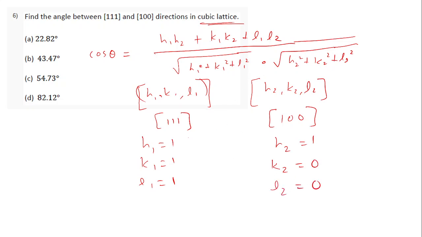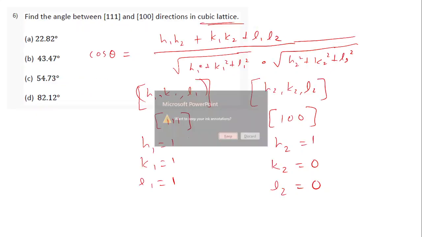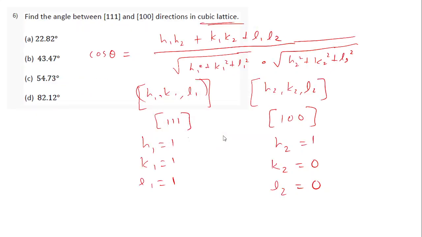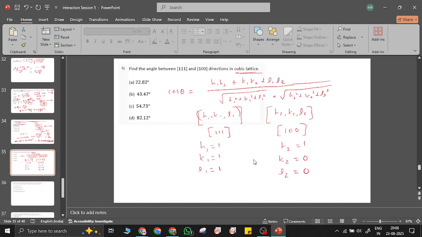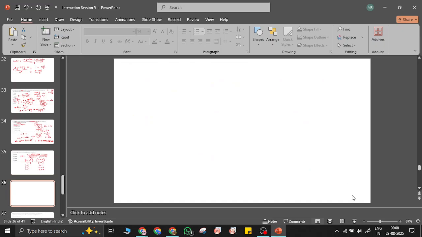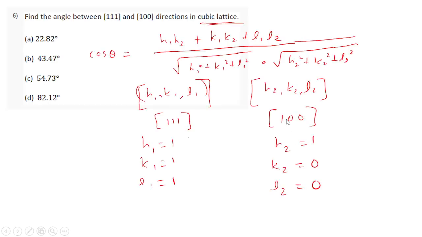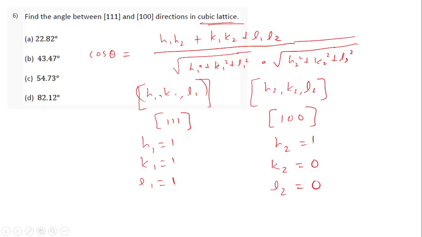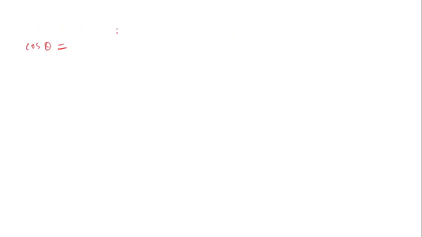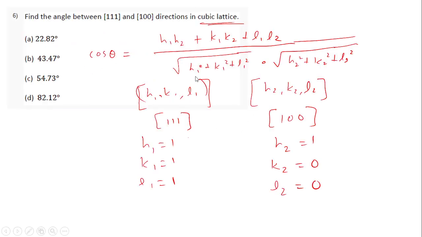So when we put these values in this equation, cos theta is equal to h1 h2. h1 is 1, h2 is 1, so this term will survive. The other terms will become 0 because k2 is 0 and l2 is 0. So in the numerator we will have h1 h2, which is 1, divided by the root of h1 square plus k1 square plus l1 square, so it will be root 3.